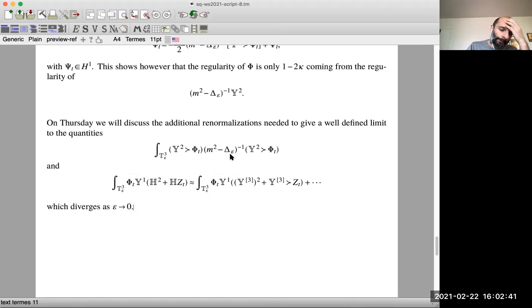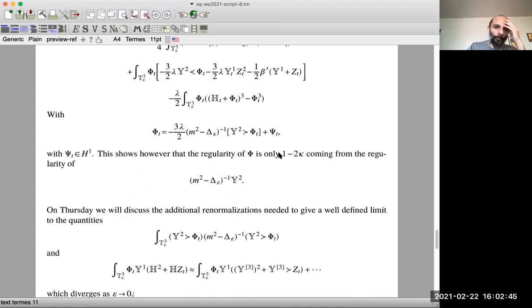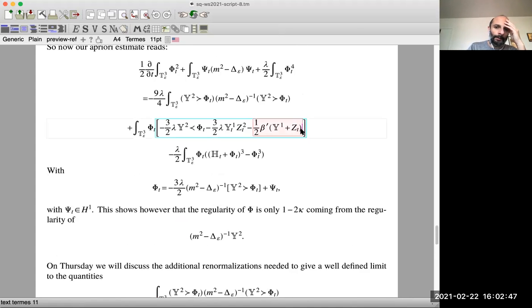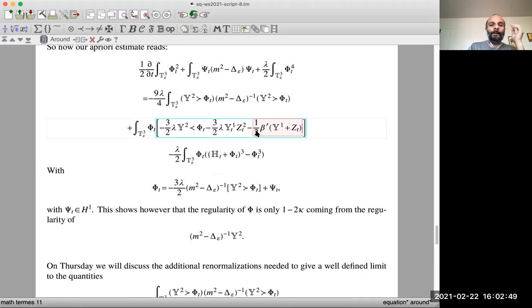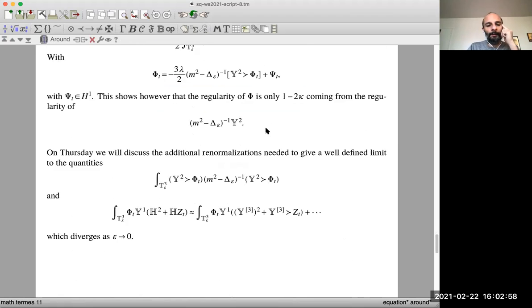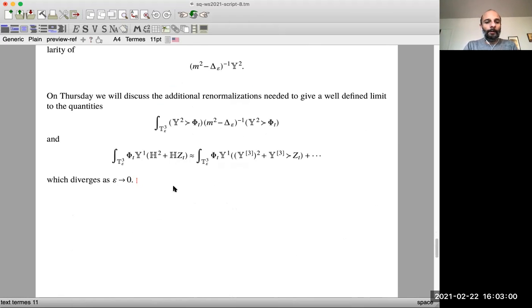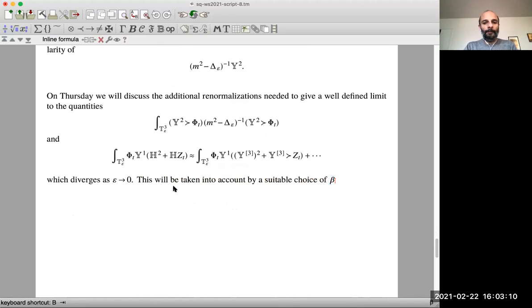So now these terms are not well defined in the limit. And one has to subtract something, and what you have to subtract is really the reason why I still keep around the parameter beta, okay? So somehow here, one should make a suitable choice of beta prime, and this will be taken into account by a suitable choice of beta prime.